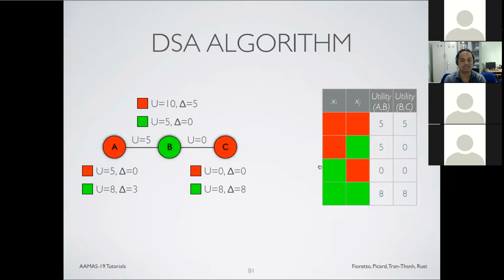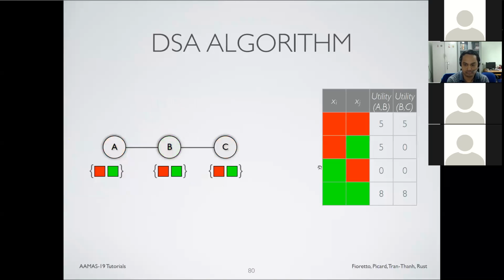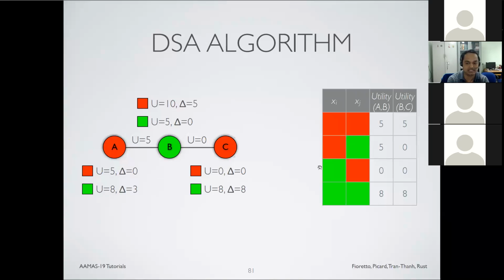So let us assume this is the combination. Earlier no color. In the first iteration, A chooses red, B chooses green, C chooses red. We will find out the utilities.